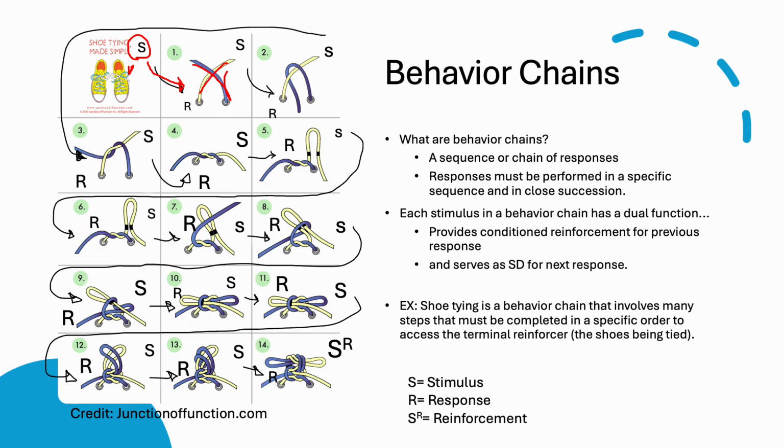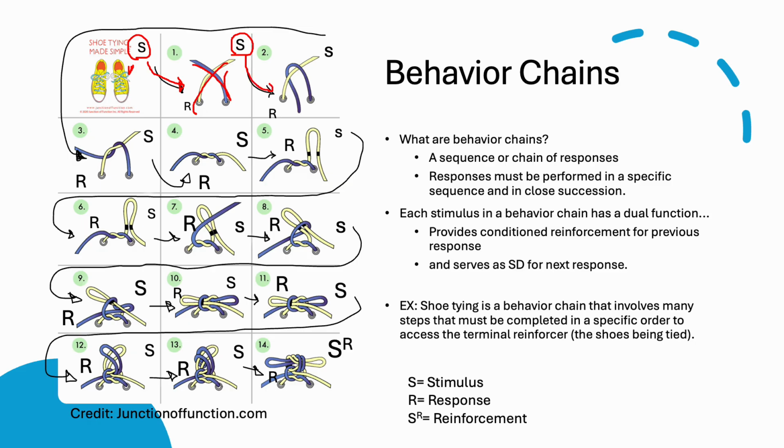Once we cross our laces, that serves as a conditioned reinforcer for the response of crossing over the laces. But that also serves as a discriminative stimulus for the next response. So now that sets the occasion for us to engage in the next response.